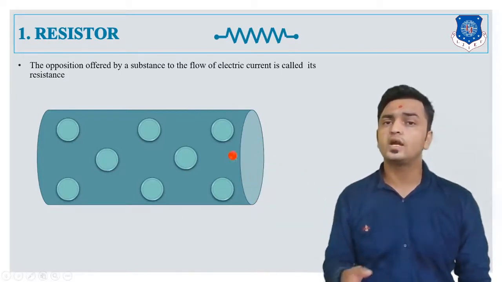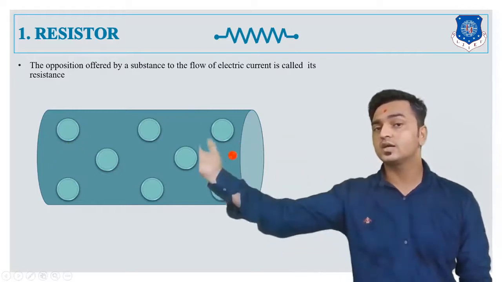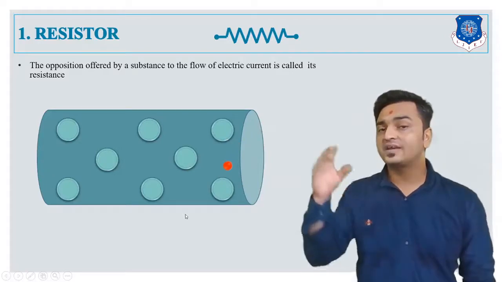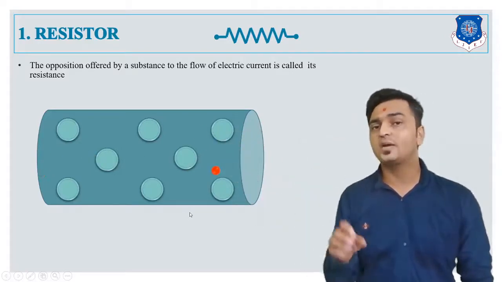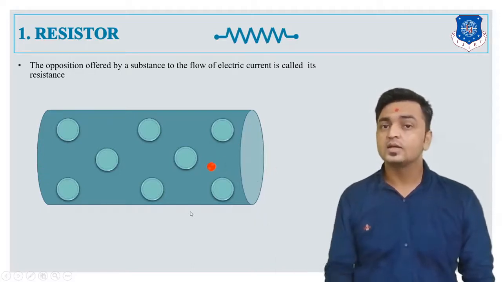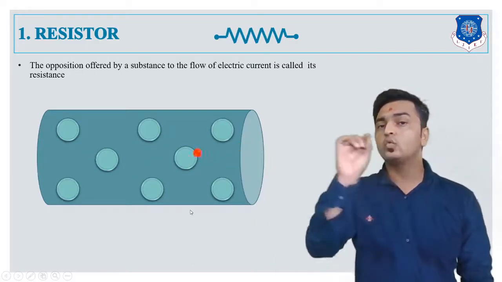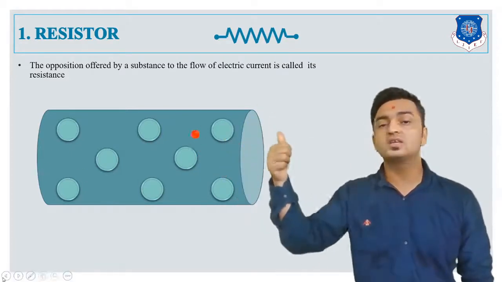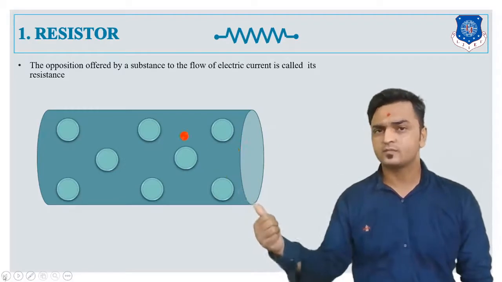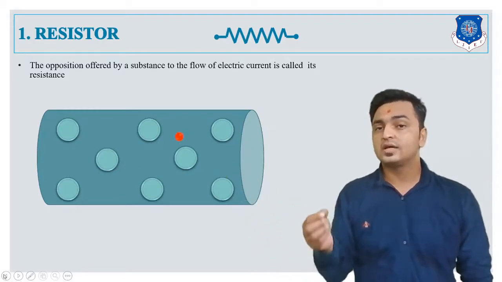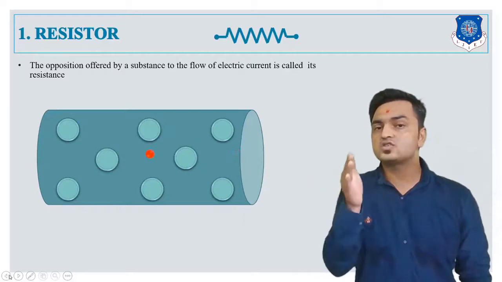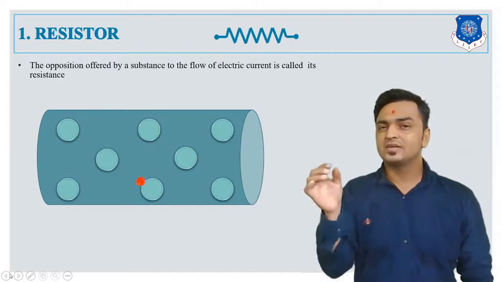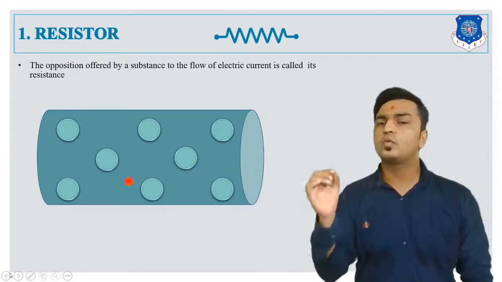We have provided potential difference and the electron is moving in a particular direction, but as atoms are present in this body, what will happen to the flow of electron? When this electron moves in the particular direction, it will collide with an atom, and because of that collision it will stop temporarily and its direction will change for a moment.